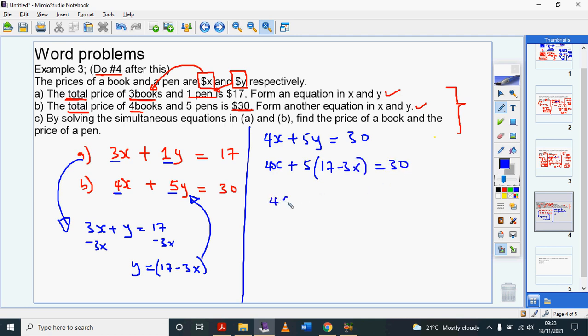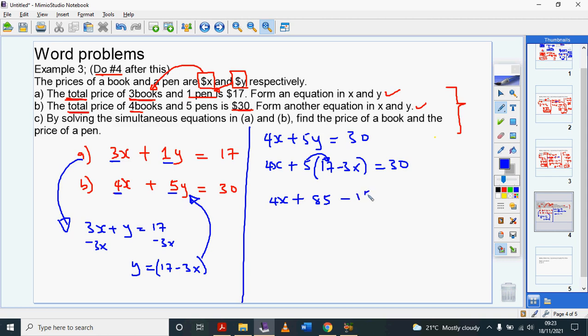Now this is 4x. When I distribute, 5 times 17 is some big number that I don't know, but I can work it out, because 5 times 20 is 100. If 5 times 20 is 100, 5 times 19 will be 95, 5 times 18 will be 90, and therefore 5 times 17 will be 85.